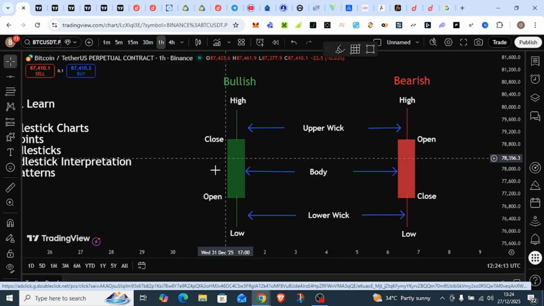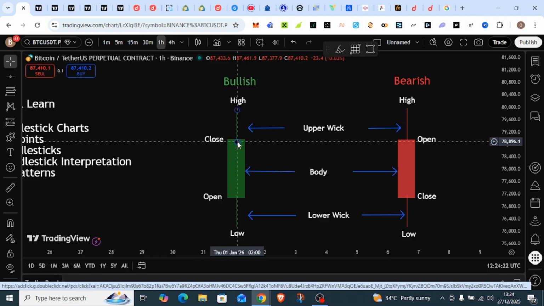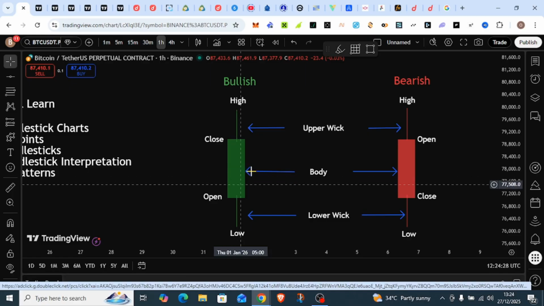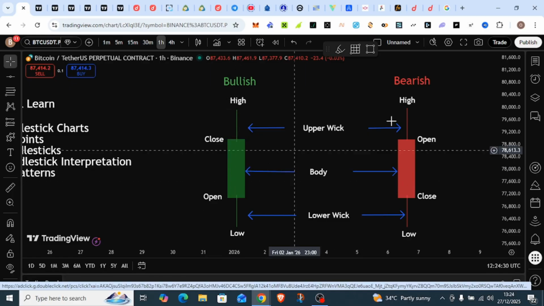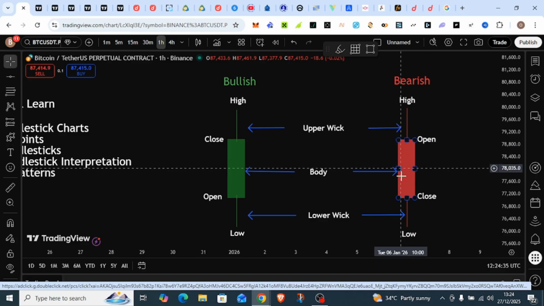Here in this bullish candle, we have the body. This point to this point is the body of the bullish candle. Then the same thing applies to the bearish candle. The body is from here to here.